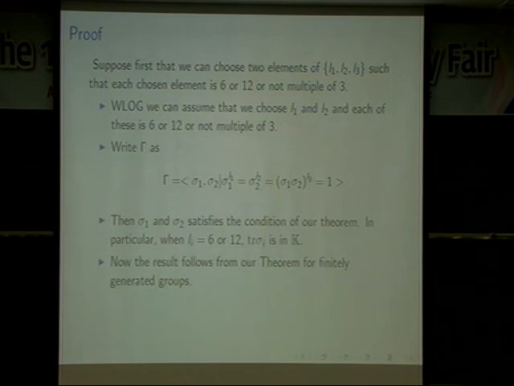The problem is that when L is 3, we cannot really say anything, because the trace 2 cos theta plus 1 becomes 0. And so now the result follows from our theorem for finitely generated groups.